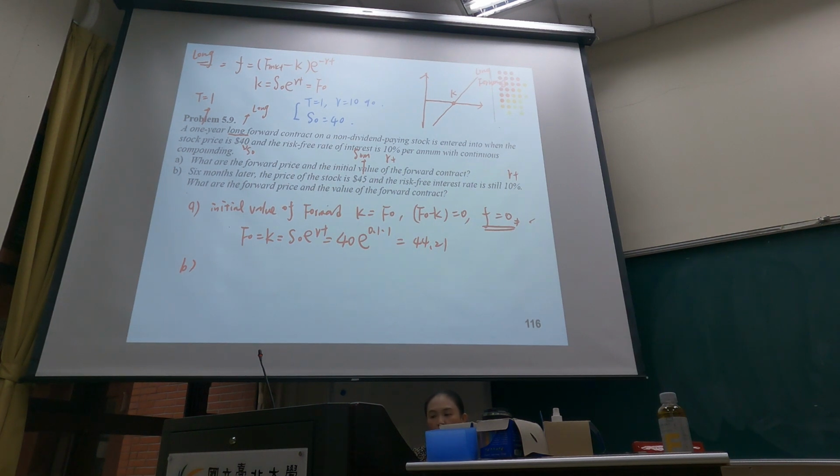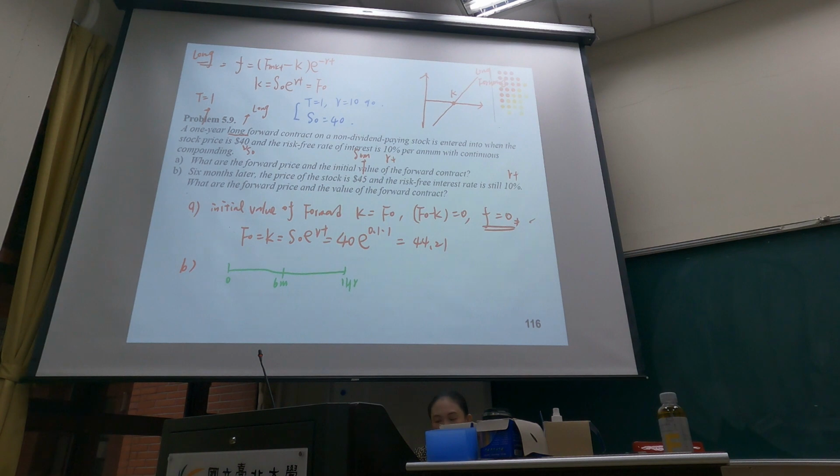What are the forward price and the value of the forward contract? This question is a little bit tricky. I would suggest you write down your timeline. Let's try to draw the timeline: 0, 1 year, and then that's 6 months later. Agree? Our original contract is 1 year, right? And now it's 6 months later. Can you guys follow me?